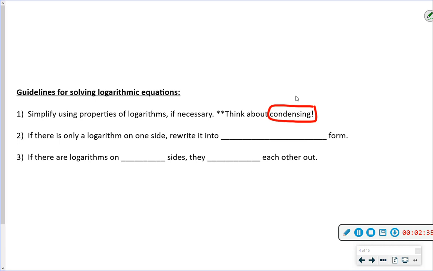If you have 1 log in it, you're going to convert it to exponential. So we want to get down to 1 log or 2 logs. 1 log, go to exponential. 2 logs, if there are logarithms on both sides, then they will simply cancel each other out.